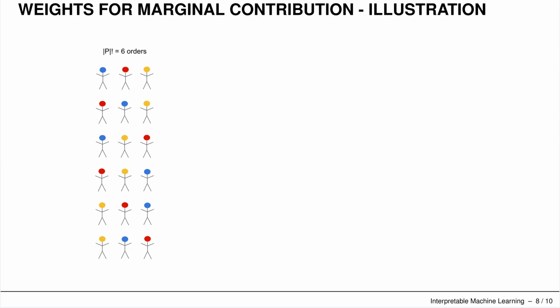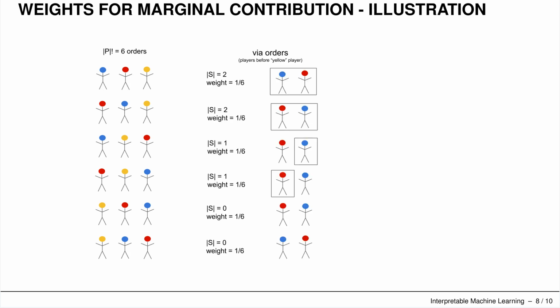So let's look at the weights again in an illustration. So you have 3 players. That gives you 6 possible orders, because factorial of 3 is 3 times 2 times 1, which is 6. And you can do that via orders.